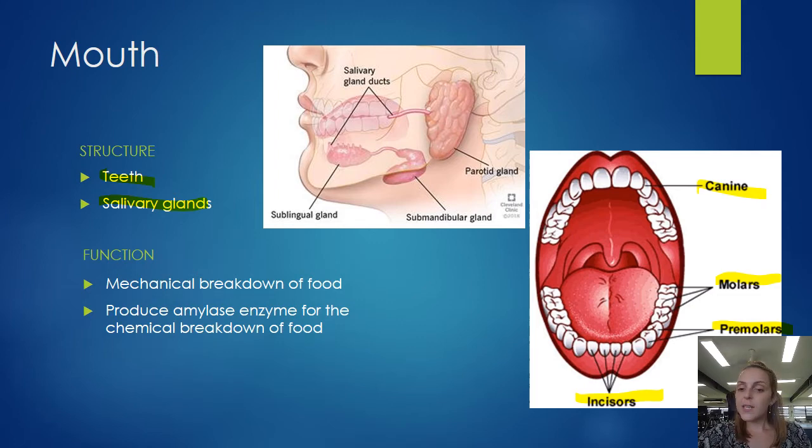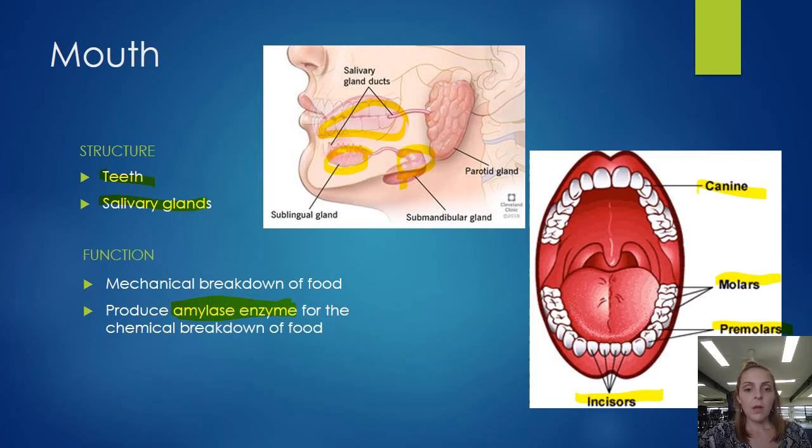The teeth are really indicative of the diet because they're going to be either ripping apart meat or grinding away at grass products if we're a cow, etc. The salivary glands are located in the mouth here, and they're responsible for secreting digestive enzymes such as amylase, which we find in the mouth for the chemical breakdown. So we've got the physical happening with the teeth and the chemical happening in the salivary glands, releasing enzymes into the mouth.